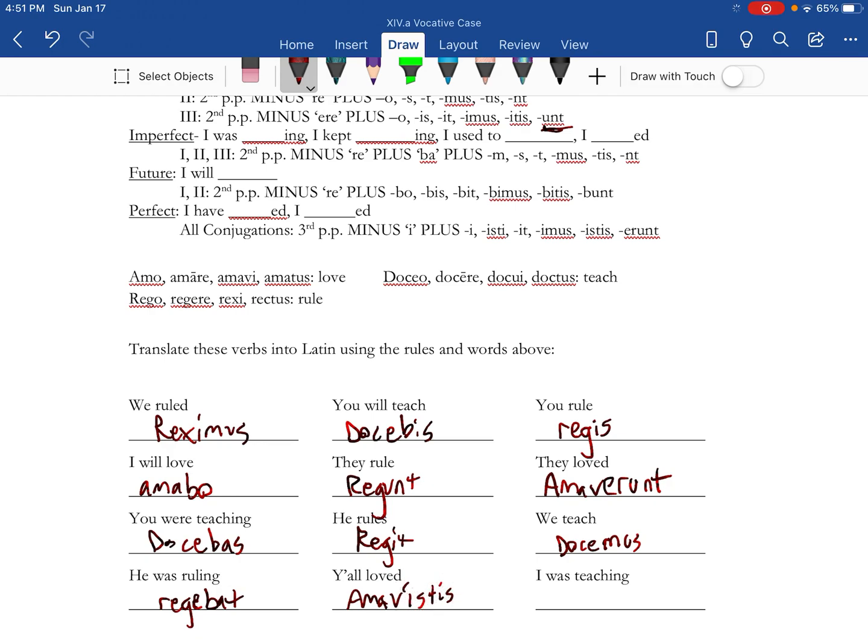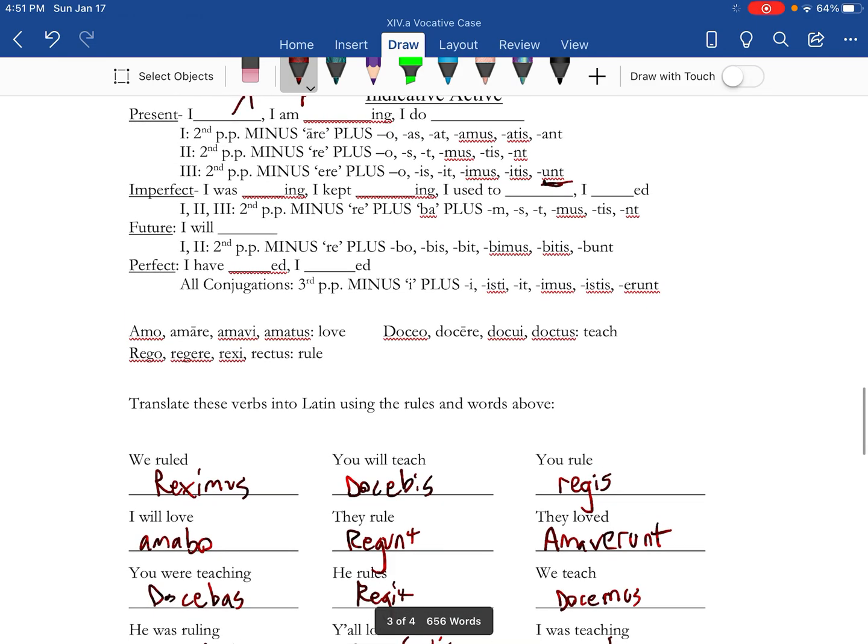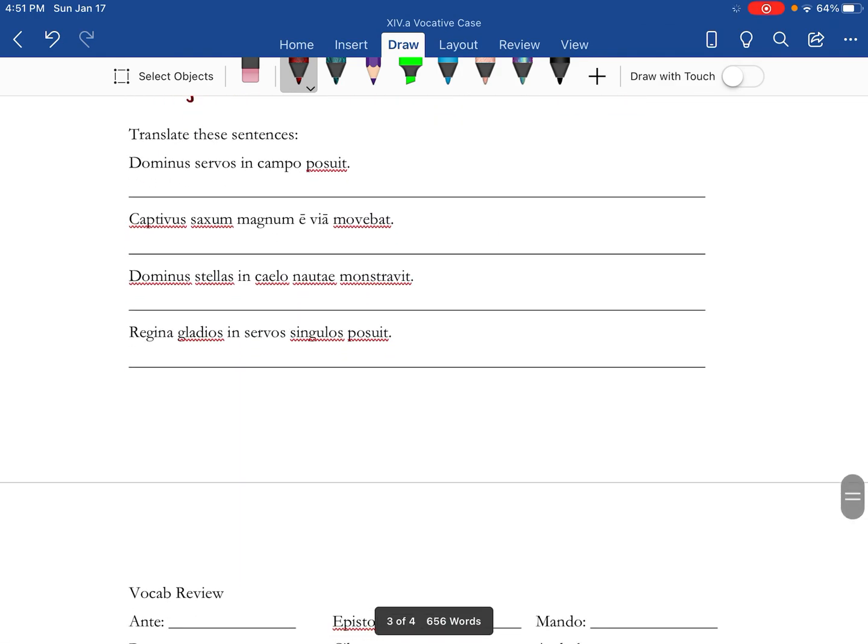Then I was teaching is imperfect for second conjugation, second principal part, drop off the re, add your ba, and then the m is going to be the I. And so hopefully you have an understanding of this chart and how to form the verbs. If not, feel free to ask some questions.